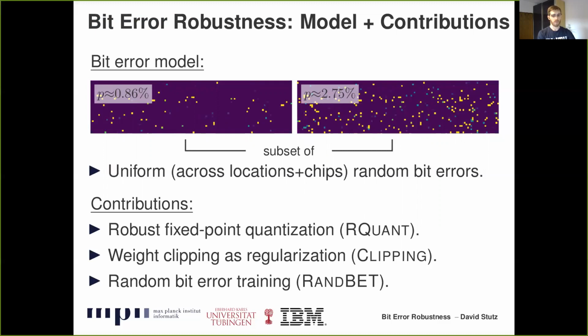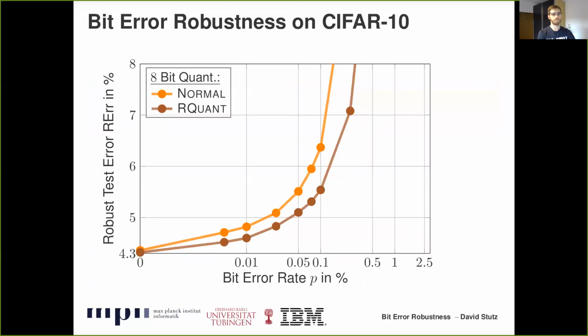Based on this model, we propose a combination of three methods to improve robustness. First, a robust fixed-point quantization, then weight clipping during training as regularization, and finally, training on random bit errors. In contrast to related work, our approach generalizes across chips and voltages, which allows us to reduce energy consumption with little to no increase in the test error.